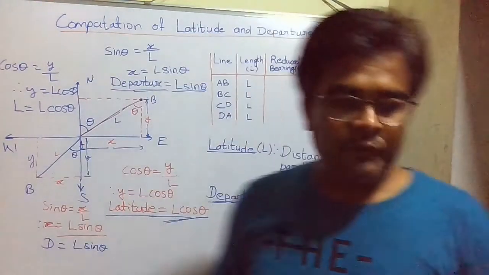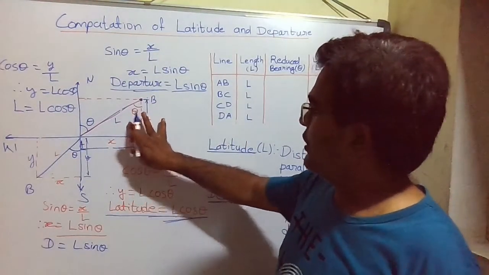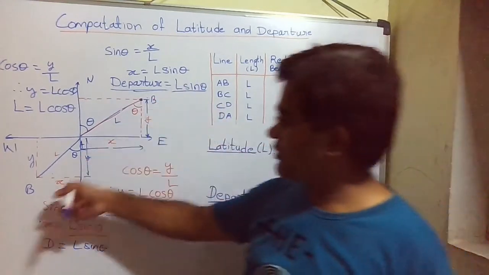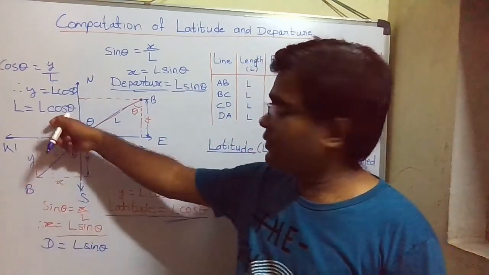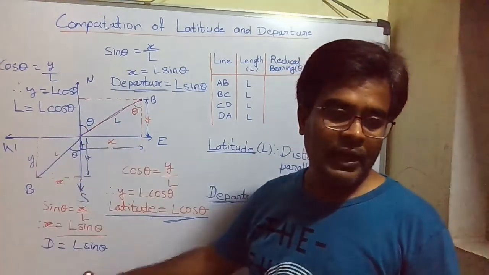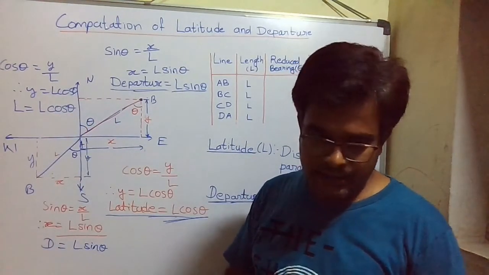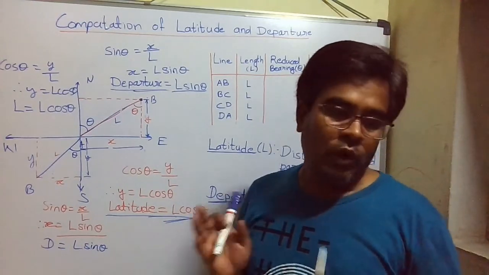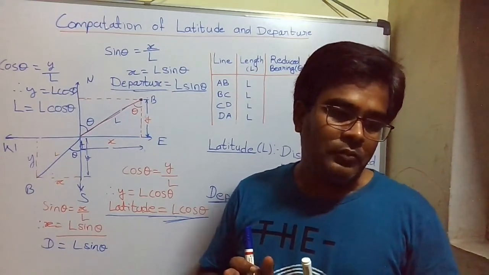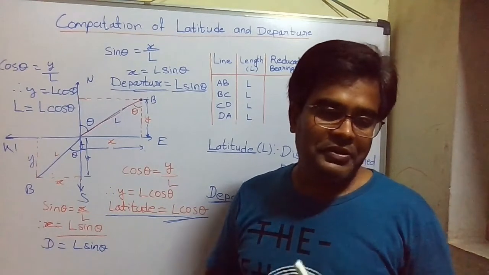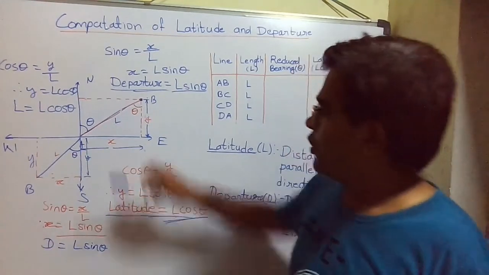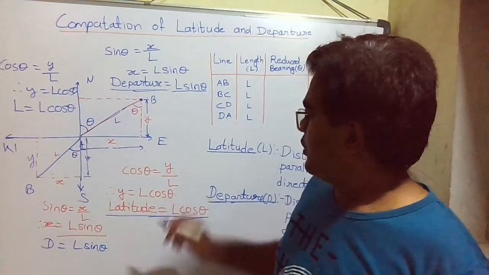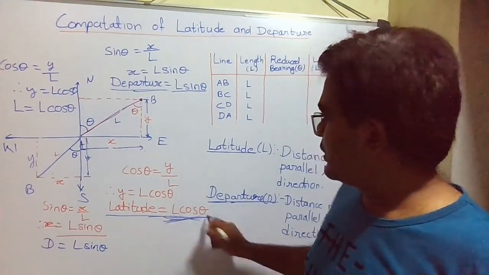Here we can see if the line is in this quadrant, then latitude is L cos theta and departure is L sin theta. Let it be in this quadrant: its latitude is L cos theta and departure is L sin theta. So let it be in any quadrant. Our definition is that the latitude of a line is the distance measured parallel to the north-south direction, and it will always be equal to L cos theta.